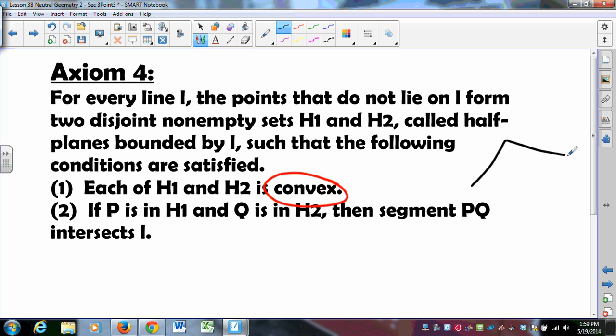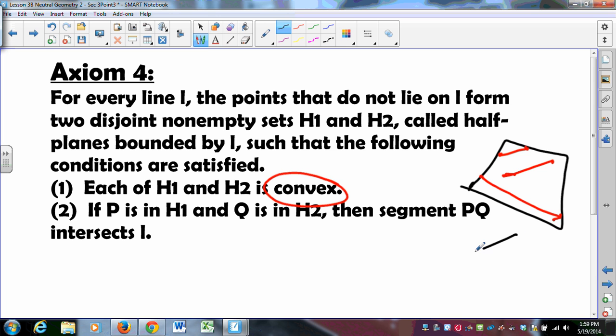So if I draw some figure like this, we say that it is convex because no matter which 2 points I connect in the set, that segment is contained completely in the set.